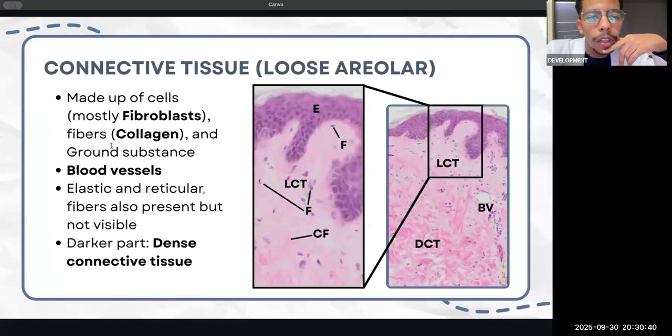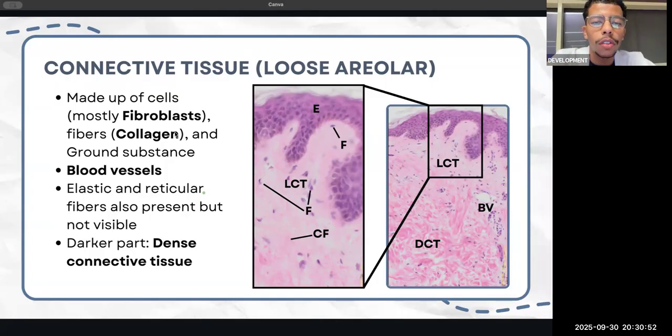No, not all columnar epithelium have microvilli. It's only the ones in your small intestine, because that is the example they use in the exam. They're going to give you a slide from the small intestine, and they'll ask you which type of epithelium this is, and you tell them simple columnar epithelium with microvilli if they ask for a feature.